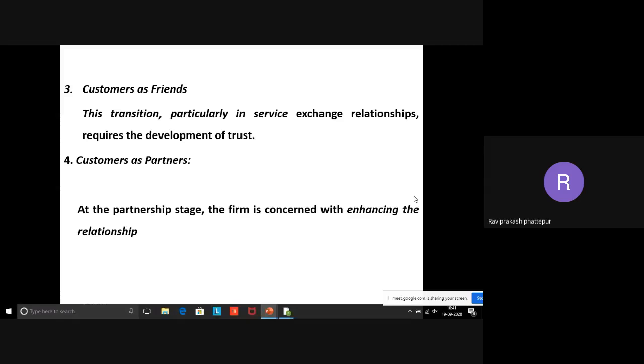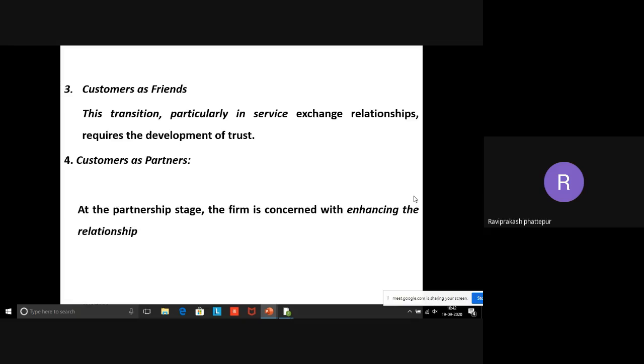The first is stranger, then acquaintance, and now friend. Even the customer thinks the firm is treating him well, so he thinks of the firm as his friend. It might be the firm or the person delivering that particular service. So it moves from acquaintance to friendship.